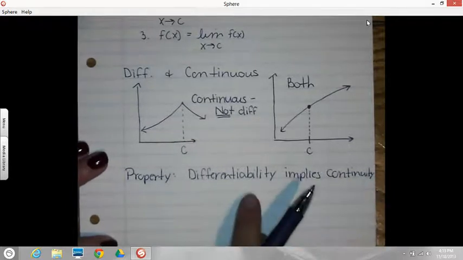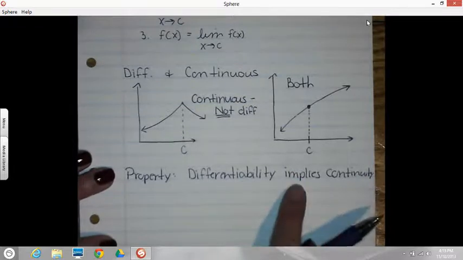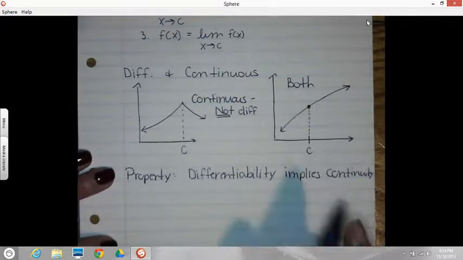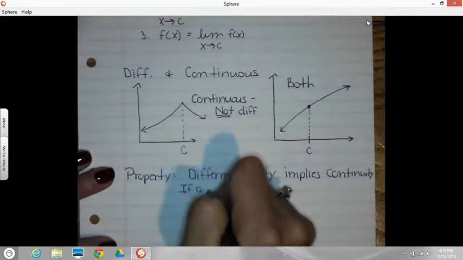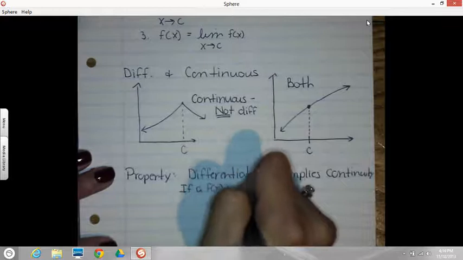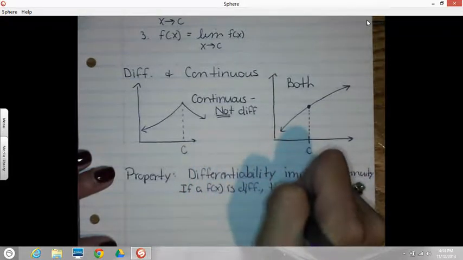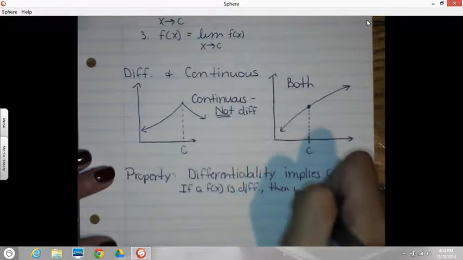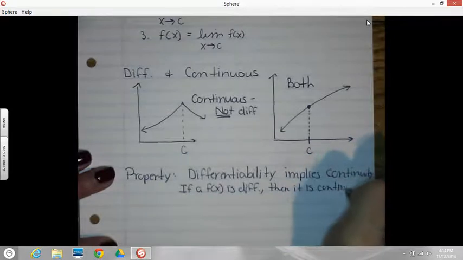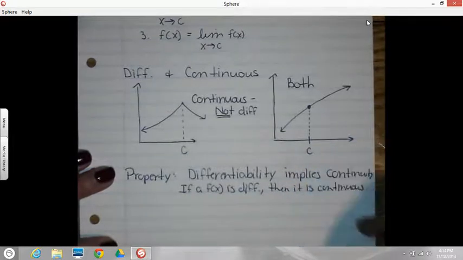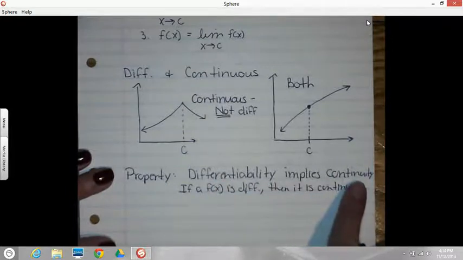What that's saying is if something is differentiable, then it has to be continuous. So as an if-then, if a function is differentiable, then it is continuous. So if it's differentiable, you could automatically say it's continuous.